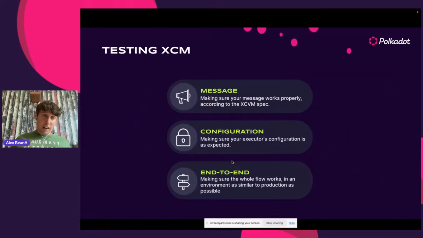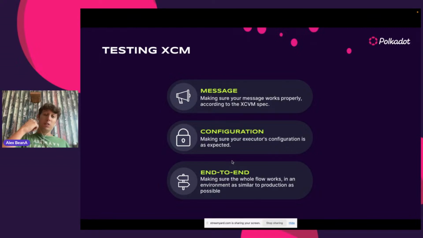First of all, I promise I only have two or three slides about theory, and then we'll go into the code. To test XCM, we have to take into consideration three different aspects. First, make sure that the message works properly, according to the XCM spec, that it has the proper order and that everything about the message is right.